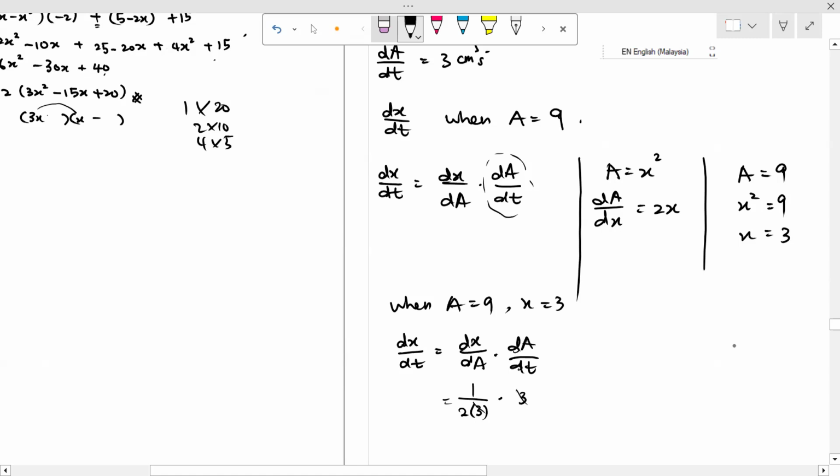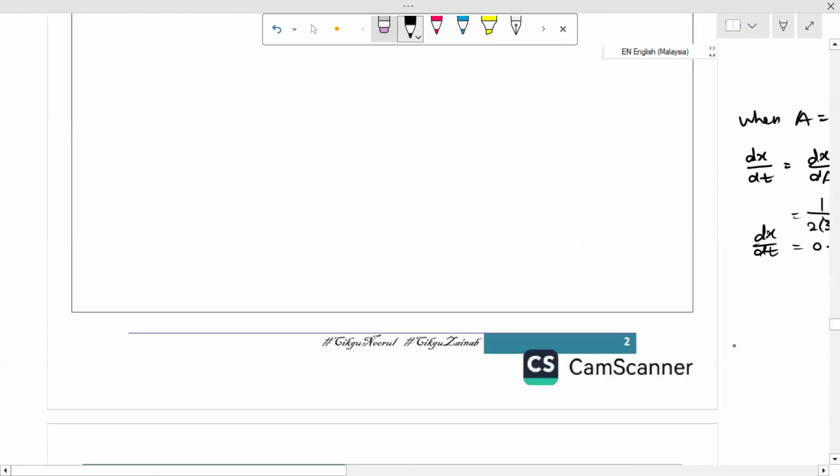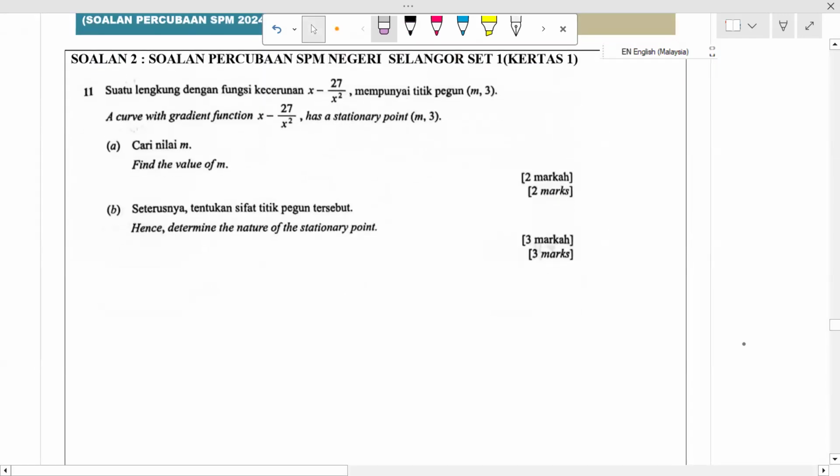Simplified, the answer is 0.5, because it is the increase of side, cm per second. Okay, any question? Did you get this? Okay, next, this one.